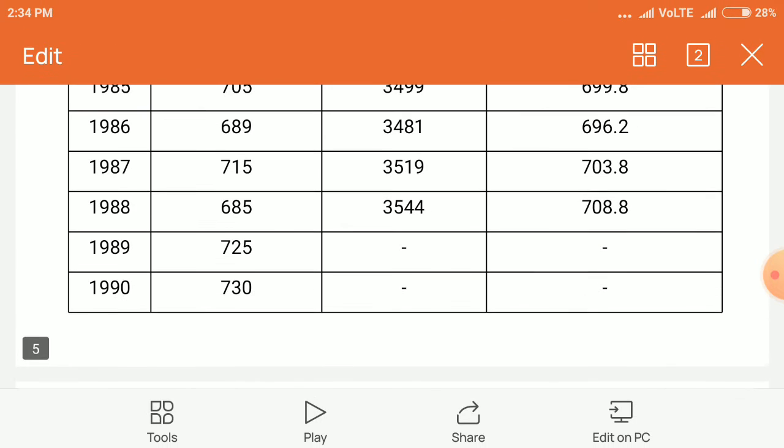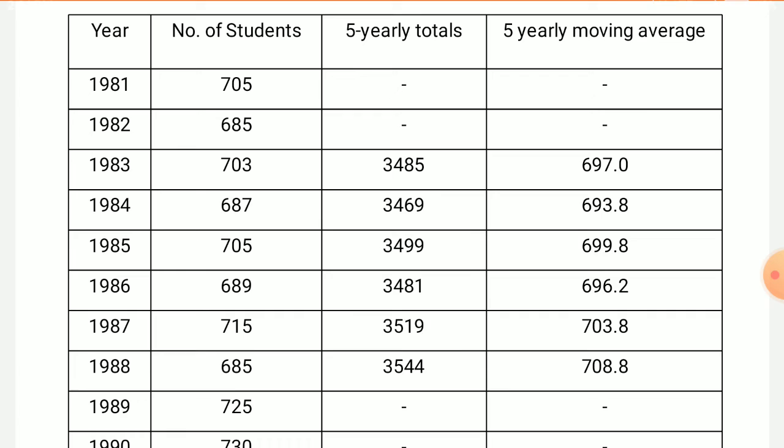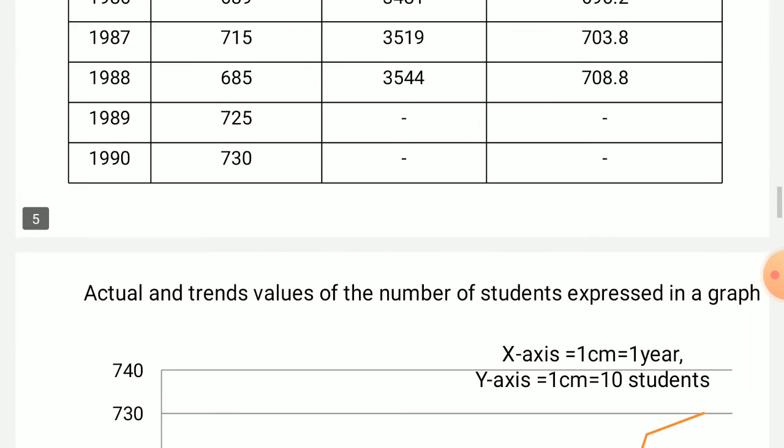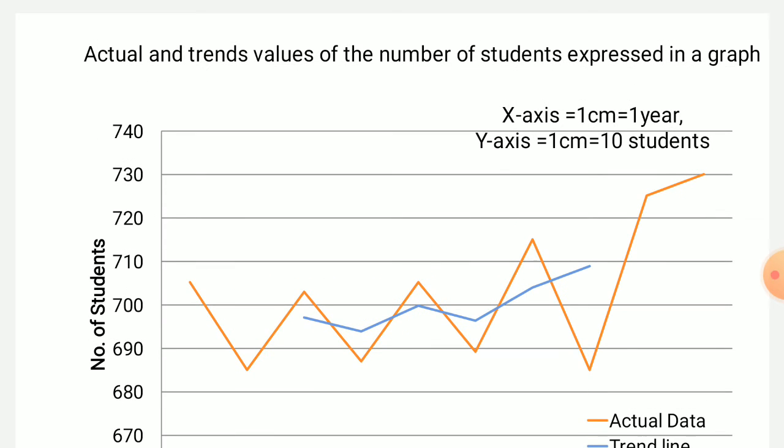Then in the year 1984, 693.8. Similarly, we have to represent these values on the x-axis.